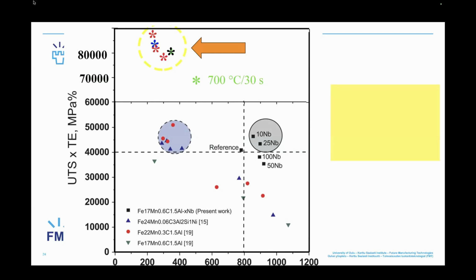This is our reference. But our result gives much more, almost 80K, much higher than other steels. Because those steels use conventional heating over a long time, our present work gives much better results than other materials. Also this one, 700 for 30 seconds, gives us a good result. You can see more than 60, but this is our reference for industry.